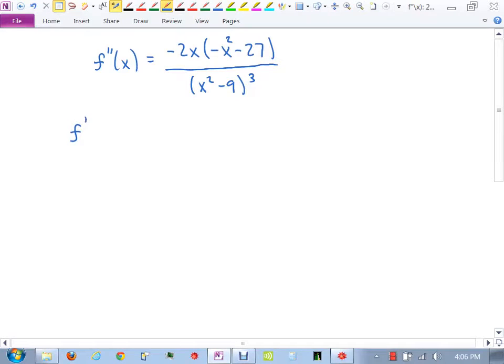Okay, where's this thing 0? Only the numerator, right? So negative 2x times negative x squared minus 27 equals 0. I can divide both sides by negative 2.